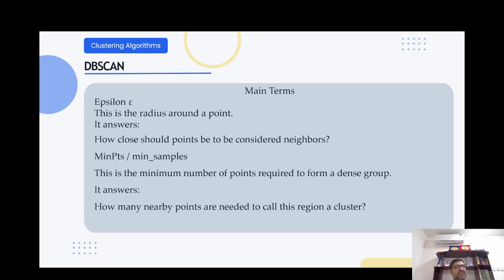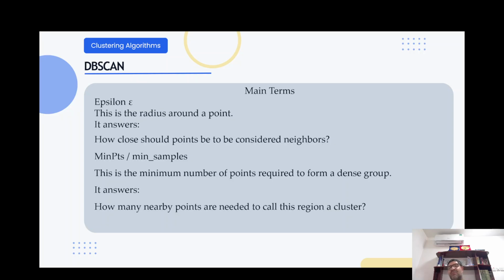Then minimum points, minimum samples: this is the minimum number of points required to form a dense group. It answers how many nearby points are needed to call this region a cluster.